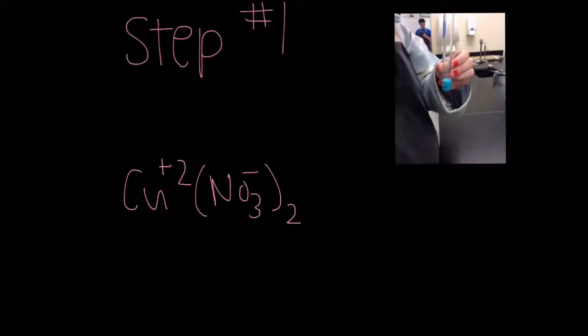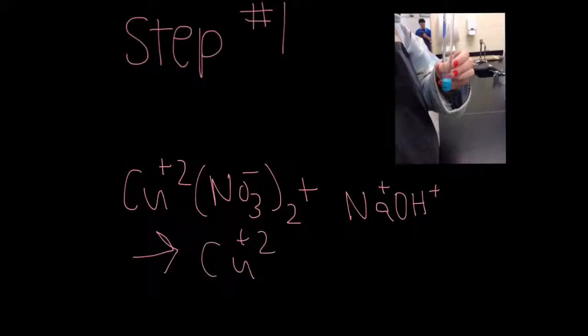So we started with copper 2 nitrate, reacted with sodium hydroxide to create copper 2 hydroxide and sodium nitrate.